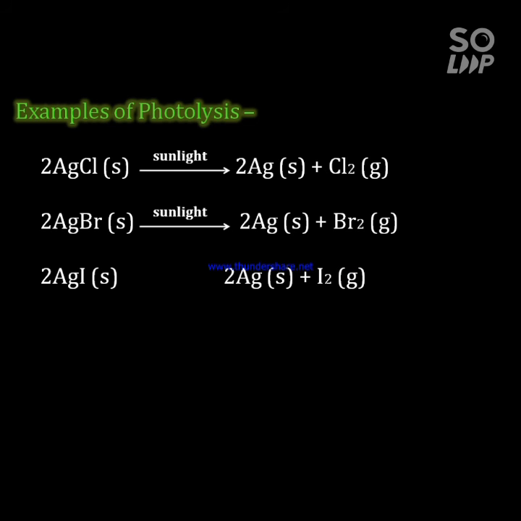These three reactions are very important from the exam point of view because most of the times CBSE asks the questions by giving the colors of the compound rather than giving its name. Here, the silver written on the product side in all the three equations is of grey color, while chlorine gas is of yellowish green color, bromine gas is of maroon to brownish color, while iodine is purple.